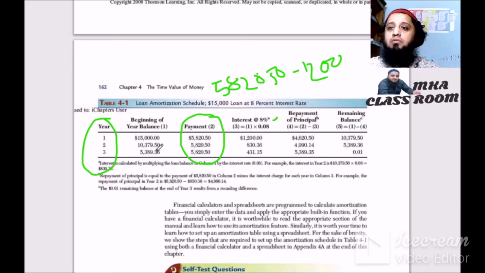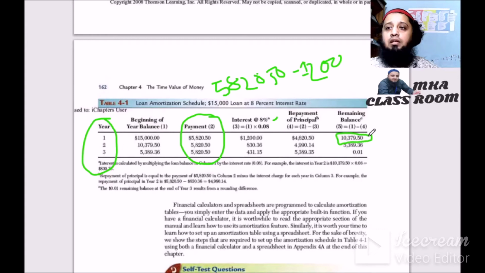Our principal amount is the 15,000 taka that we borrowed from the bank. Only 4,620 taka is repaid. So the remaining balance, if we deduct this 4,620.50 taka from 15,000, is 10,379.50.